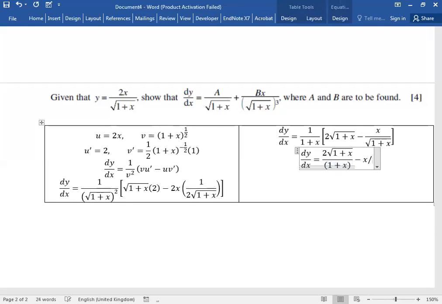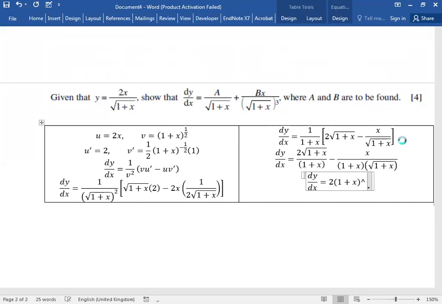Minus x upon 1 plus x into square root of 1 plus x. Now just simplify their powers. What do you get? 2 upon 1 plus x is a power half in the numerator. I'll write it in this way. Half in the numerator and 1 in the denominator.